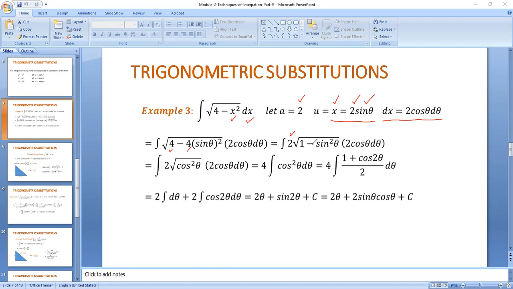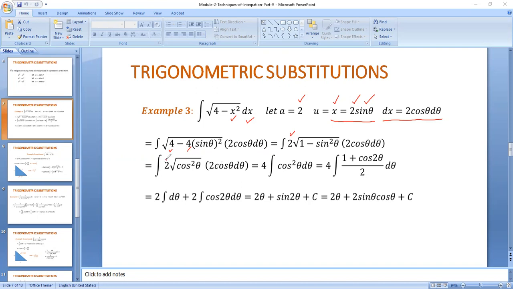Now, what is the equivalent identity of 1 minus sine squared theta? According to your trigonometry, that is cosine squared of theta. So you see here now, it's 2 square root of cosine squared theta. Again, we copy the 2 cosine of theta d theta.